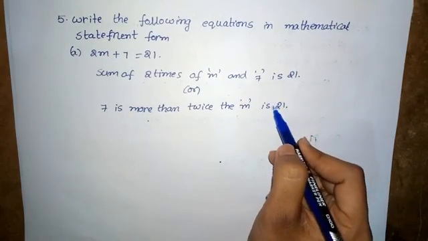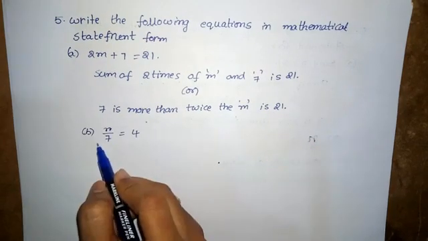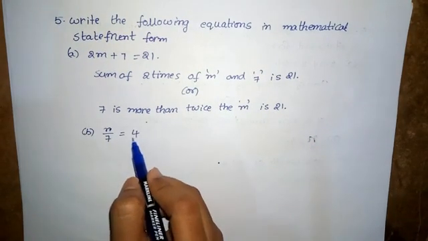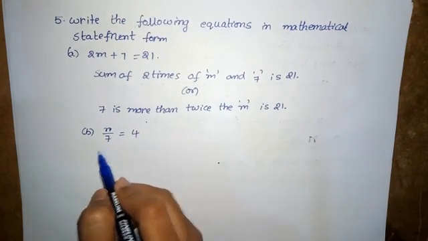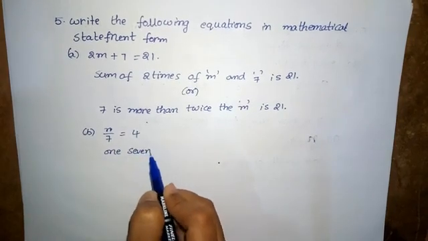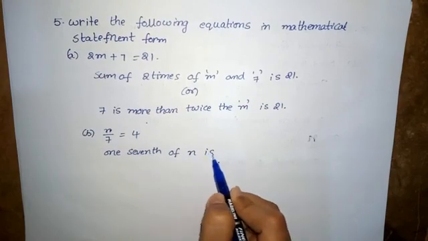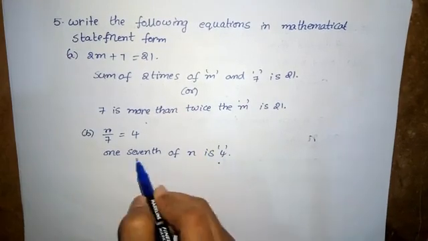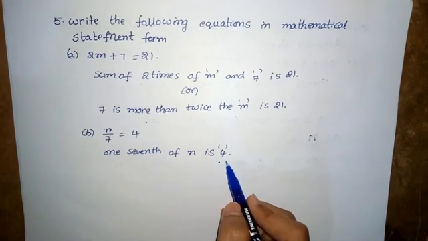So both mathematical statements are correct. Next, second one, n by 7 is equal to 4. So by 7 means 1/7. So 1/7 of n is 4. So this is the solution for the fifth Roman.